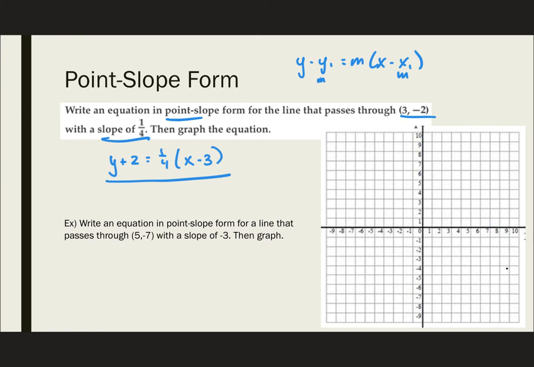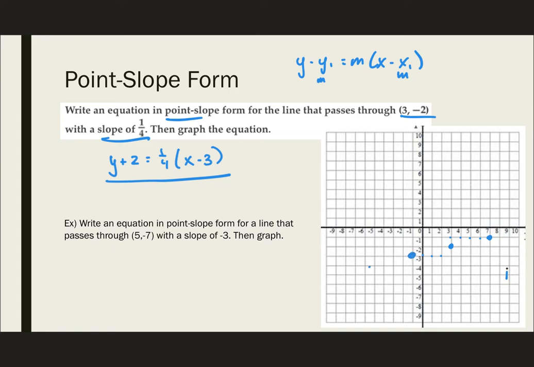It's great. Now, to graph it, you're going to graph the point first. So this is (3, -2). There it is. And then you're going to use the slope and go from there. So this is 1 over 4: up 1, over 1, 2, 3, 4. I'm also going to go the other way, down to the left: down 1, over 1, 2, 3, 4.